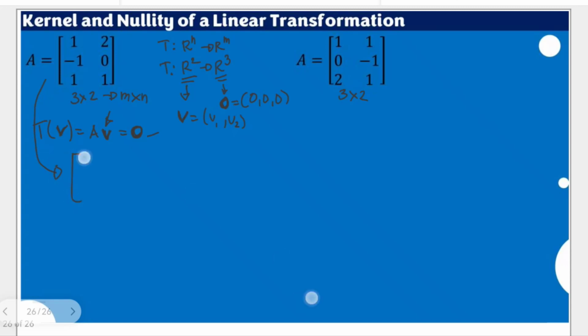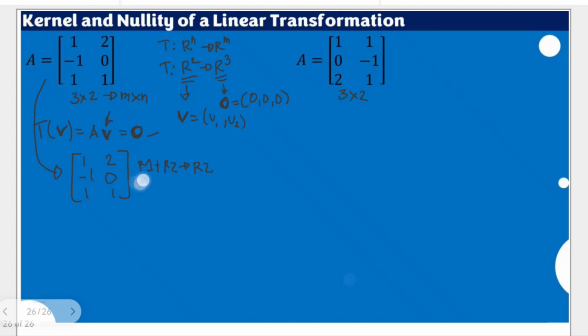So we have here 1, 2, negative 1, 0, 1, and 1. Of course, you could even stop at row echelon form, but just for the purpose of this discussion, let's come up with the reduced row echelon form of this matrix. The first thing is to add row 1 and row 2, place the result in row 2 to make this 0.